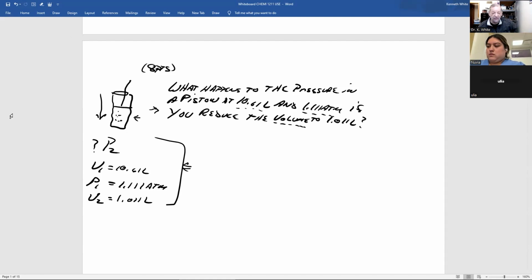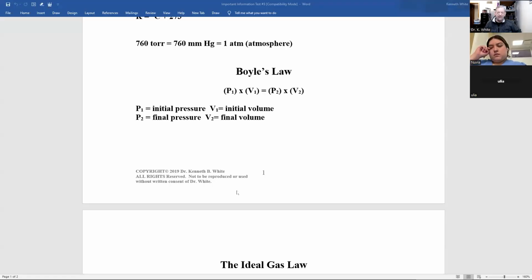Well, it only deals with pressure and volume, and that immediately should tell you that's Boyle's law. P1 V1 equals P2 times V2. If you look at important information, test number 3, P1 times V1 equals P2 times V2.